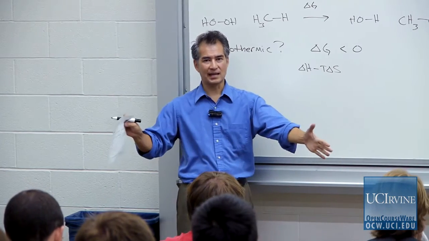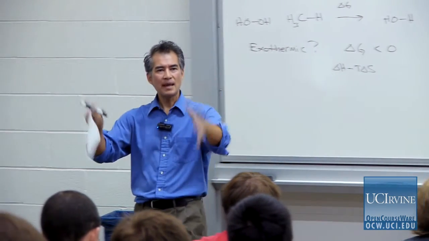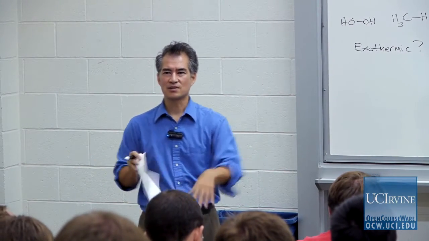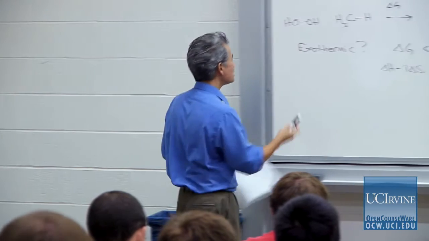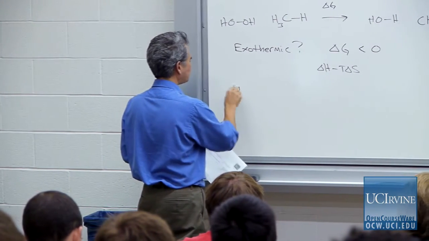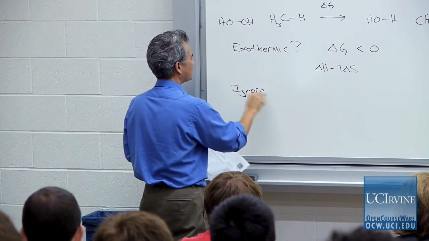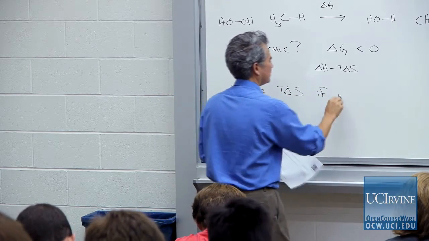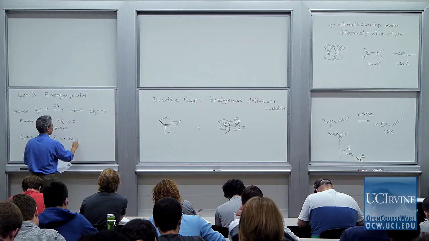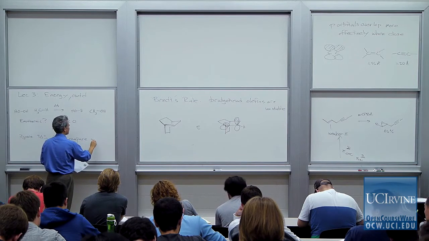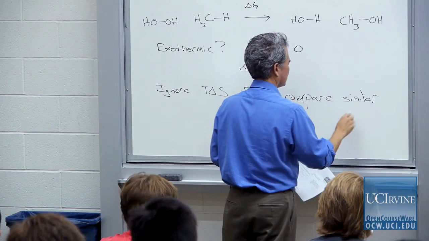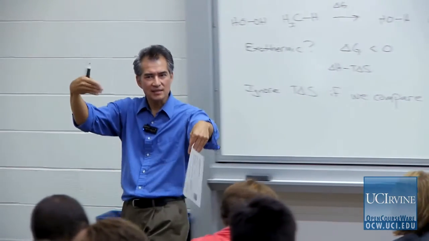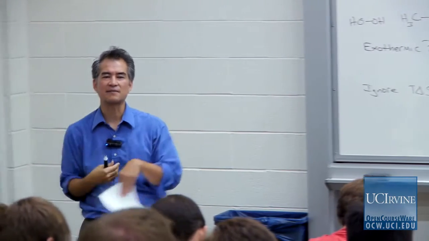Now, fortunately, if you're clever, when you make comparisons of things, comparisons of starting materials to products, transition states to transition states, as long as we keep things similar, we can ignore that entropic term, T delta S. If I compare two transition states that look sort of similar, except you're just attacking different bonds.